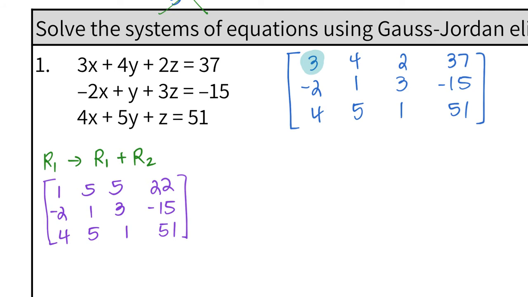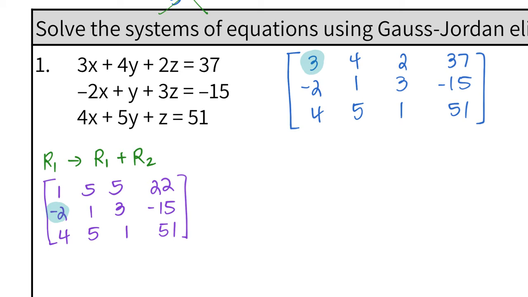Okay, next step is now this number here, that -2. I would like for it to be a 0. So again, the only way to get a -2 to become a 0 is to add 2 to it. But I don't have a 2.